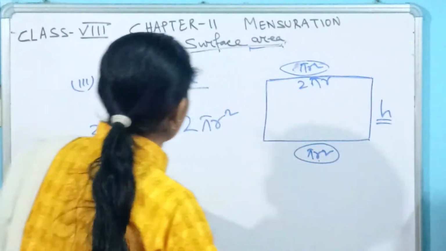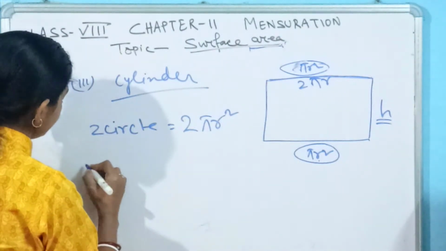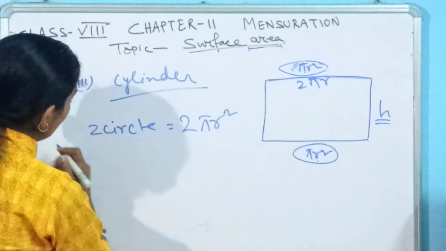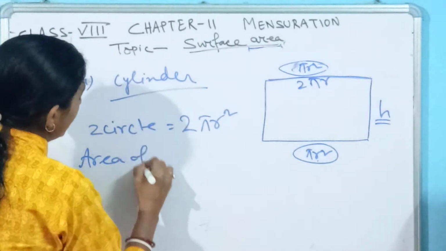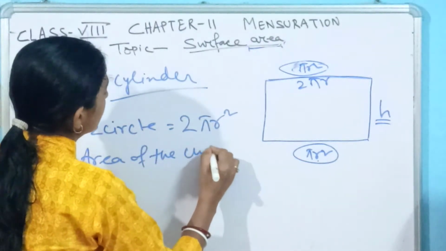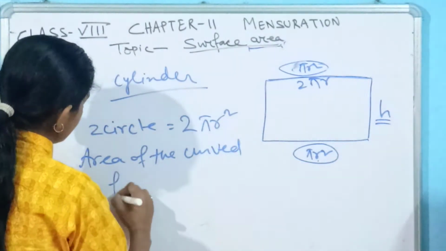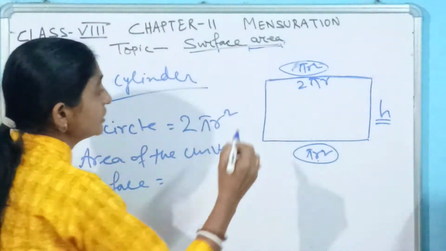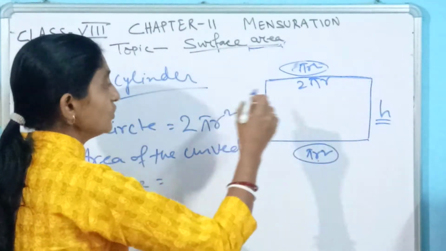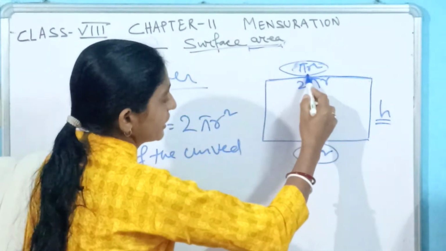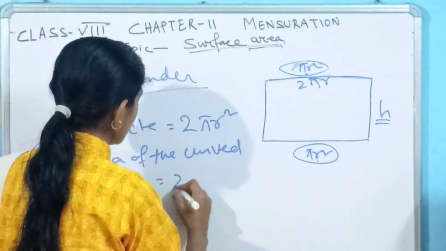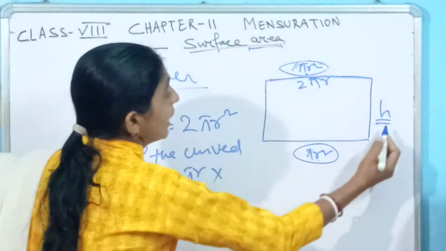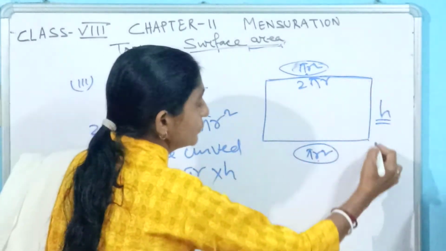So here we can write the area of the curved face, that is equal to what? The length we have got is equal with the circumference of this circle or the circular face. So that is equal to 2 pi r, and height h is the breadth of this rectangle.